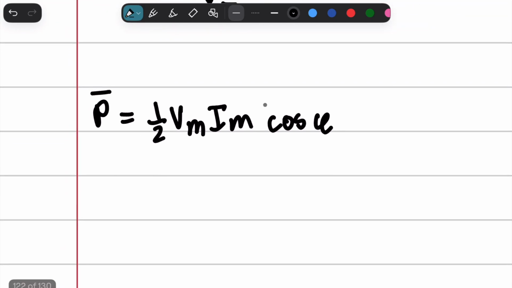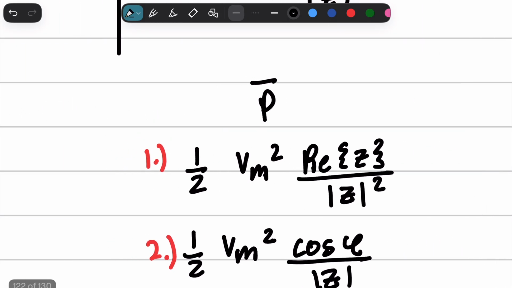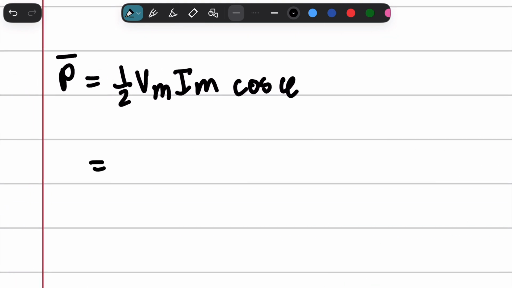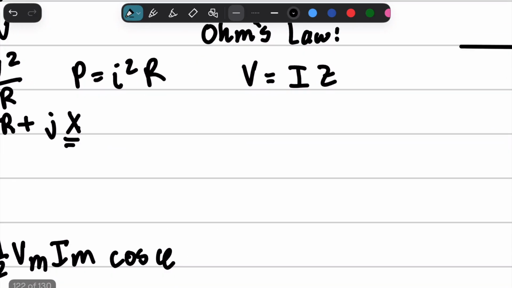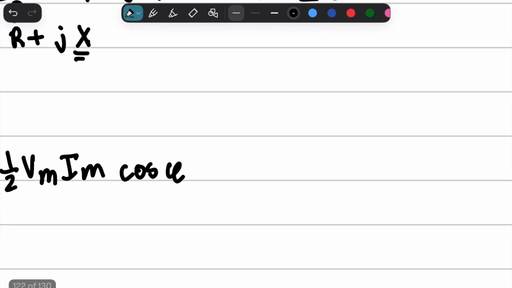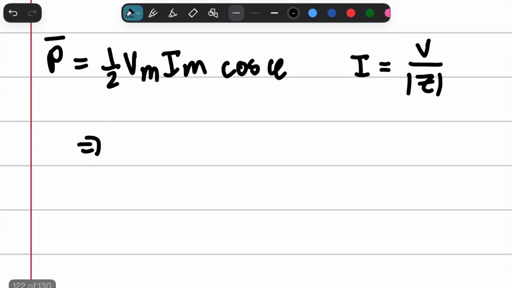So the first form that we're going to look at is the Vm squared one with this ratio right here. And so basically all we're going to do is eliminate the Im by taking Ohm's law and dividing like so, by Z. And we'll just say it's the absolute magnitude because we don't really care about the negative sign in this case.